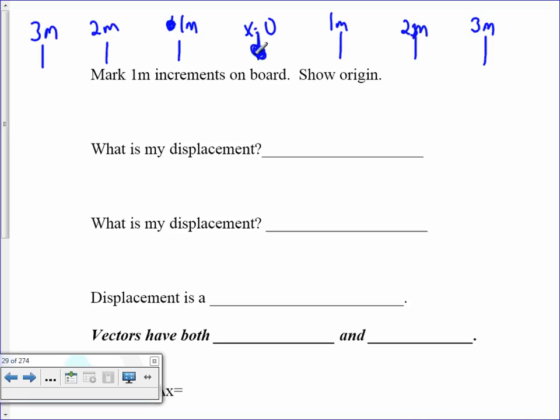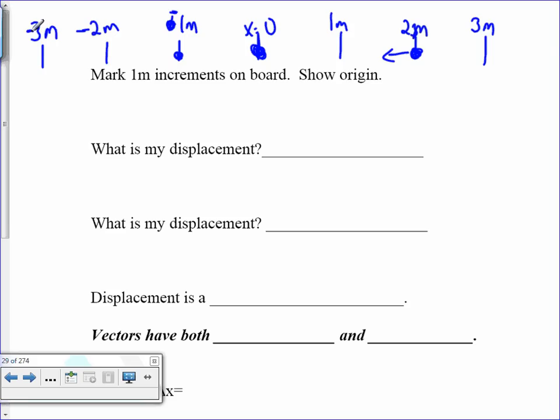Now let's imagine that I start at a certain point. Let's say that I start over here, and I move in this direction over to this point. What is my displacement in that case? Well, I moved from 2 to 1, and actually I'm going to call this -1, -2, and -3 because it's to the left of the 0.